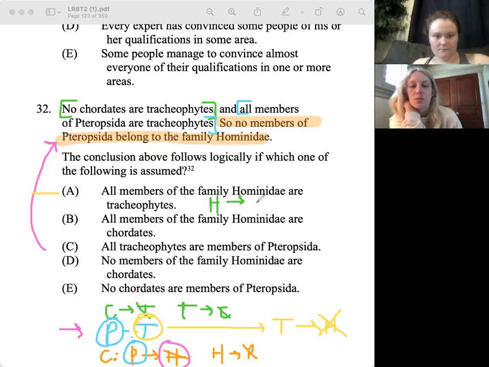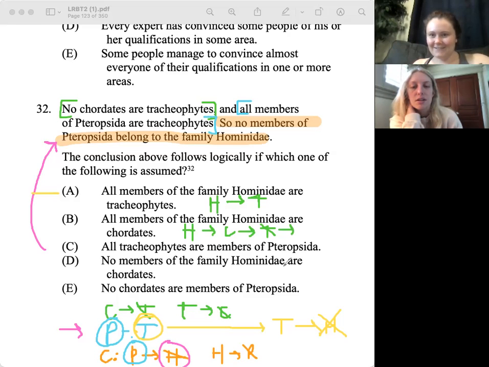No, that doesn't work because we're not trying to connect C to H. Could we though? If all H's are C, what do we know about C? That all C's are not T's. That's actually probably the right answer.